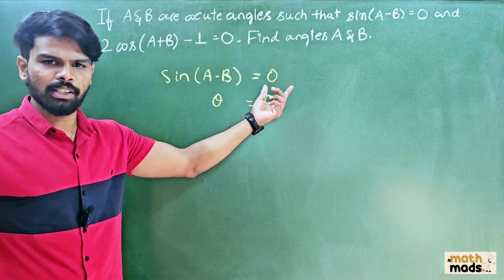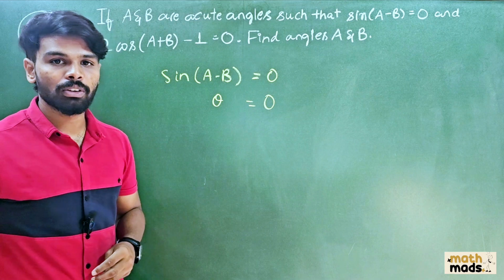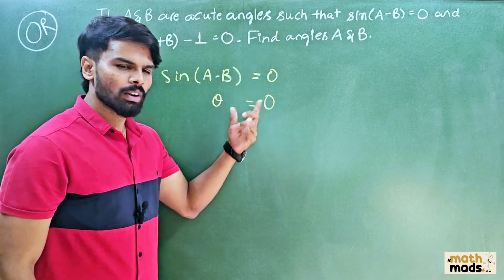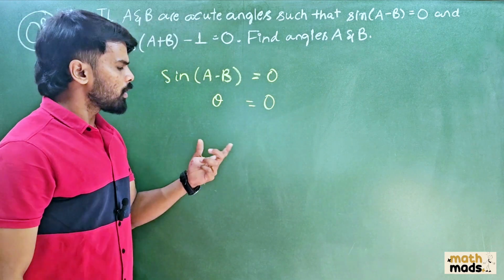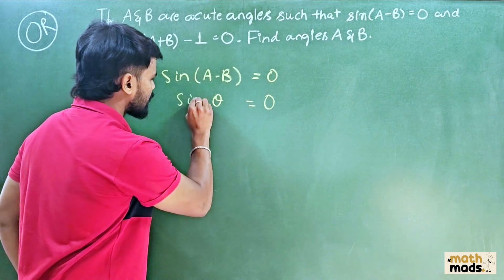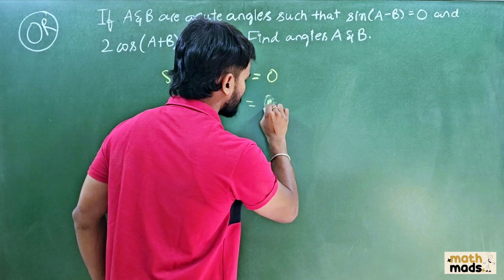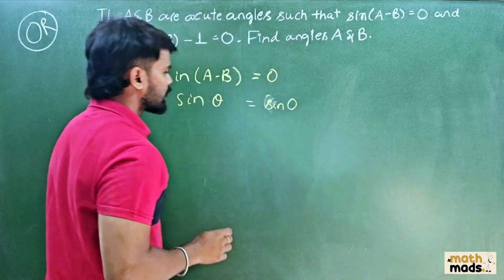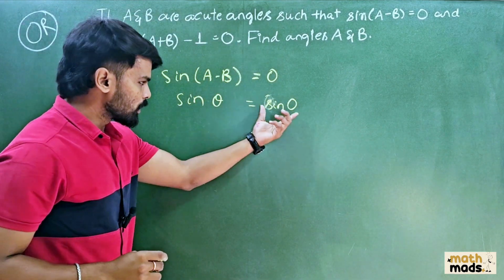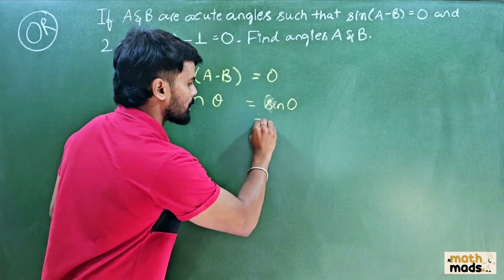There is a value given here, 0. When will it be equal to 0? Does 0 come anywhere in the values of sin? Okay, zeros come. Sin theta is 0 or sin theta is nothing but sin 0. Right? When theta is 0, you will get the value as 0.